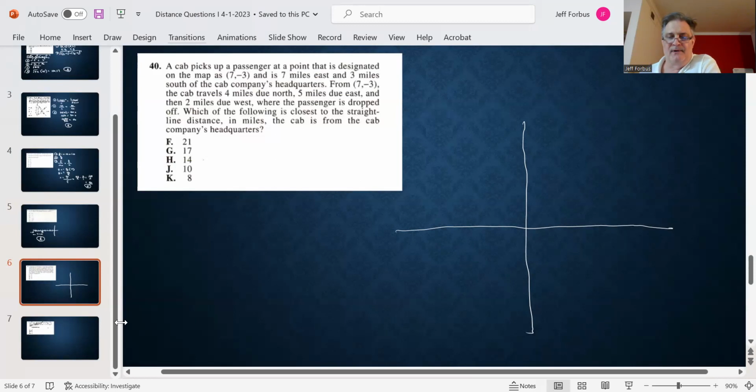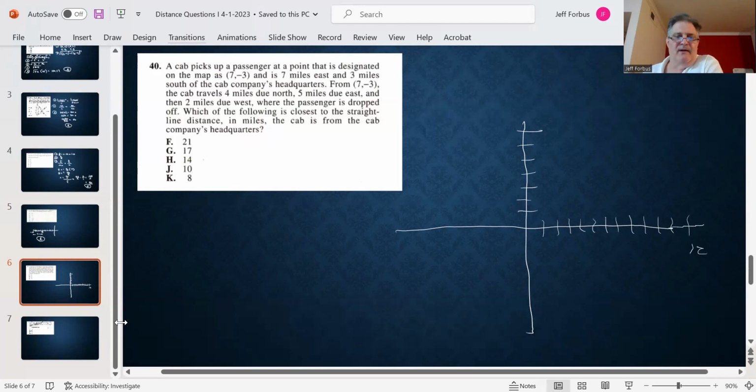So I'm just going to put up here 1, 2, 3, 4, 5, 6, 7 divisions. And then we know we're going over the X distance of 7. So we're going to put at least 7, maybe 12 divisions over here on the X axis. 1, 2, 3, 4, 5, 6, 7, 8, 9, 10, 11, and 12.